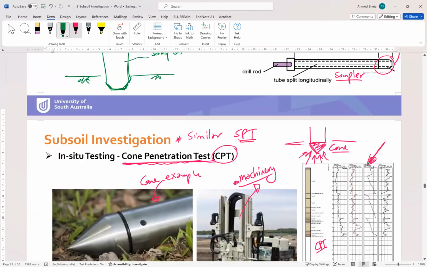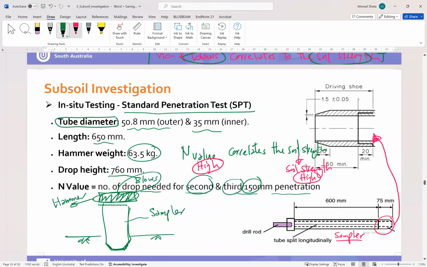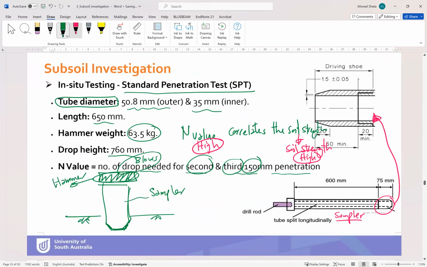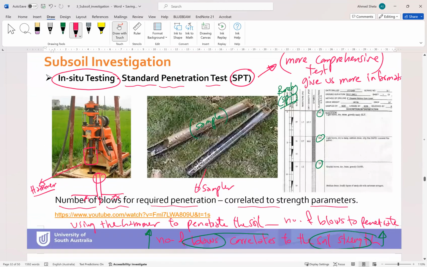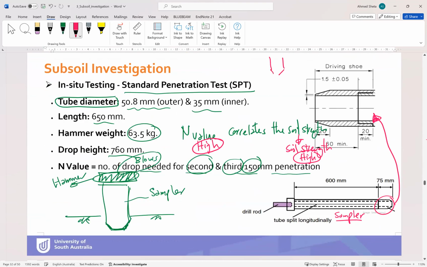But if we go back to the SPT test, for example here, this sampler will be pushed and record the number of blows until reaching the end of the first layer. So this is layer number 1.